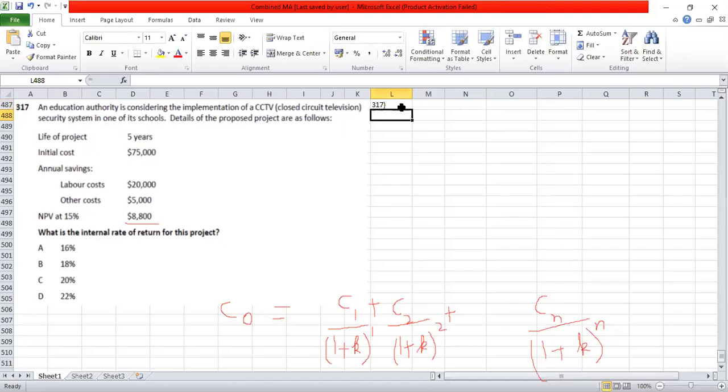So the life is 5 years, initial cost is 75,000.